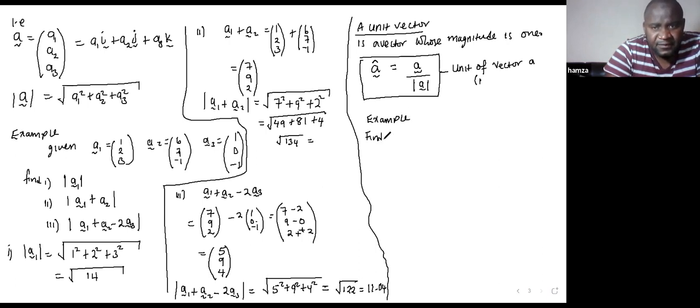Find the unit vector of vector A given by 4i minus 12j minus 3k.